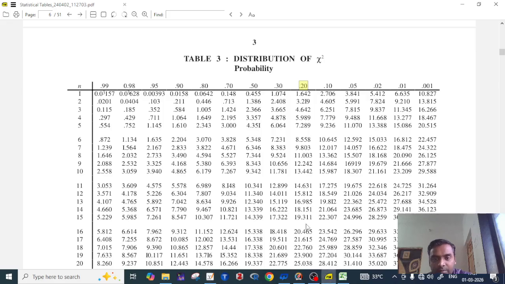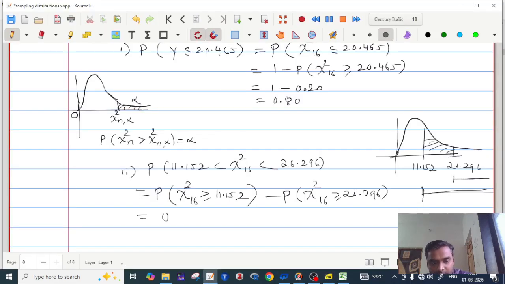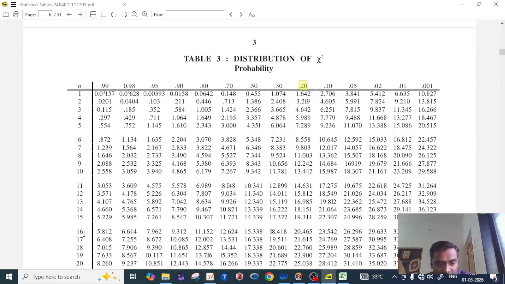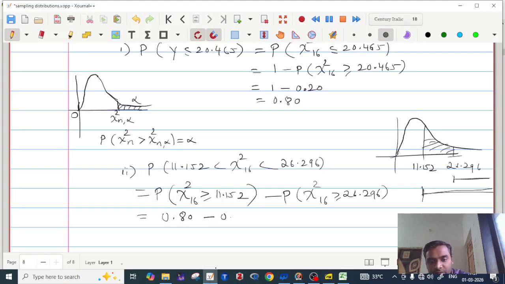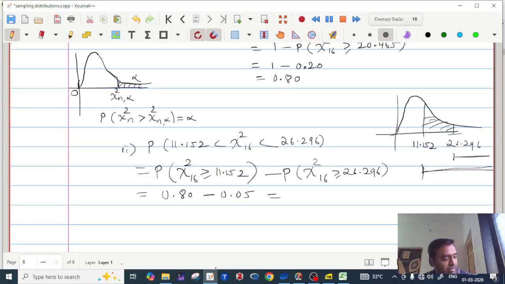For 16, corresponding to 11.152, the answer is 0.80. Minus, for 26.296 with 16, it is 0.05. This way we have to see the values. Answer is 0.75.